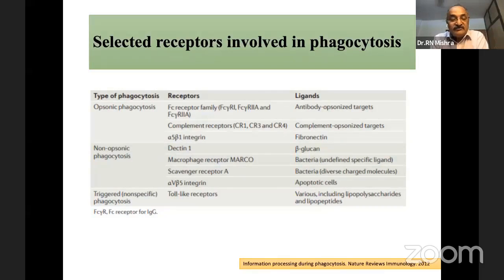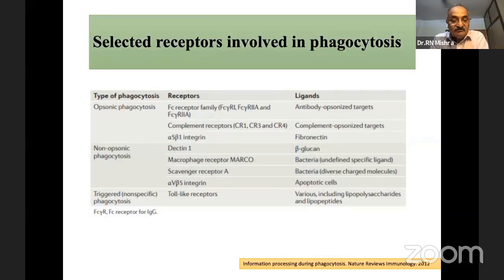And they have complement receptors CR1, CR3, and CR4. And you will remember the C3b receptor. The C3b binds to these receptors. And they also have alpha 5 beta 1 integrin. And there are non-opsonic phagocytosis receptors.